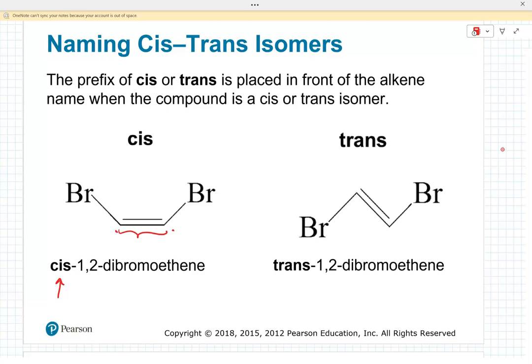What I'm trying to tell you is, if I ask you to draw 1,2-dibromoethene, your first question should be, well, do you want a cis isomer or trans isomer? Because they're different. Make sense, everybody?